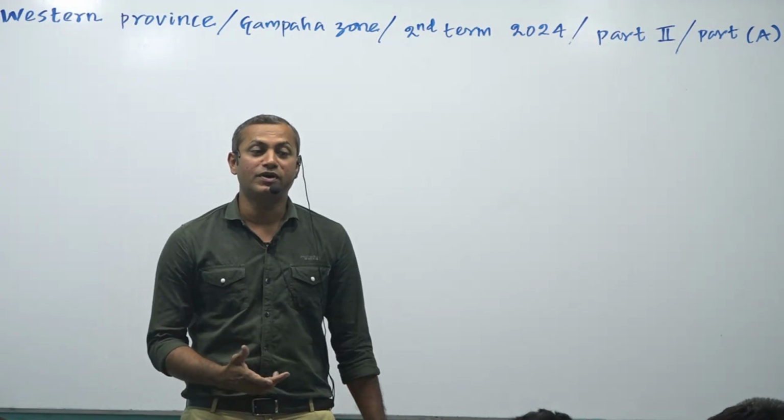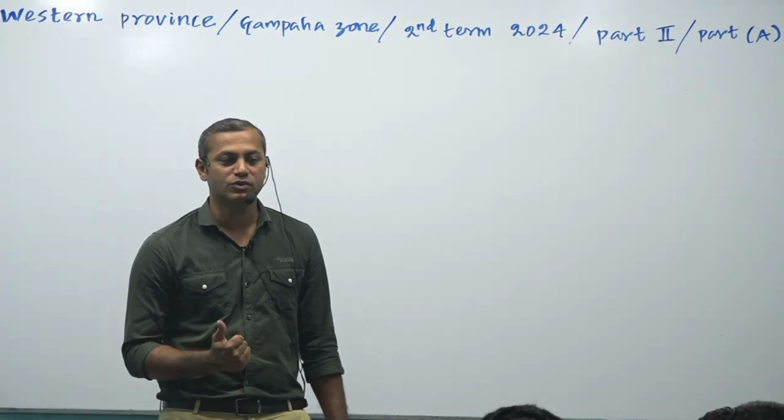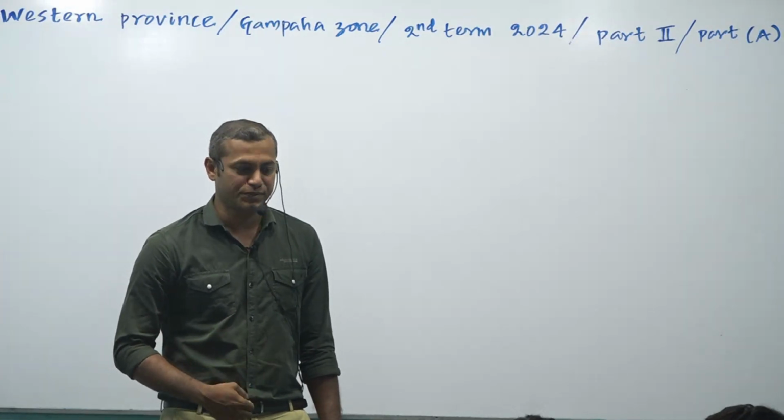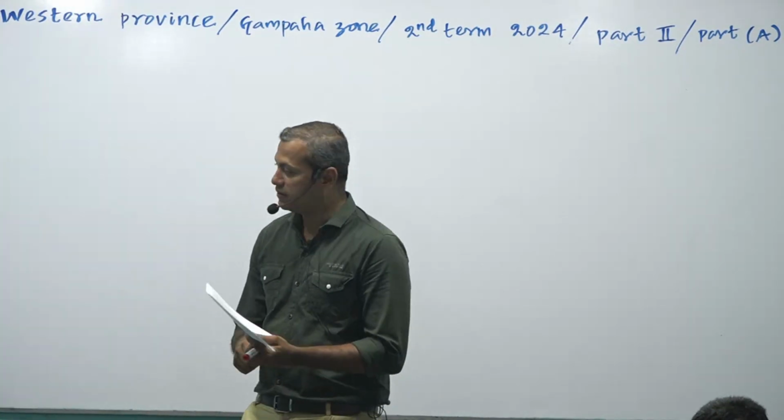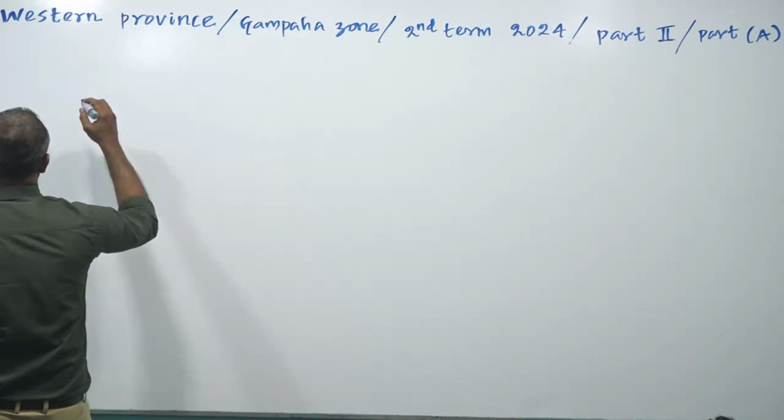By taking the mid value, you can't go with the four columns method or fx method. You have to use what? The deviation method, the five columns method.